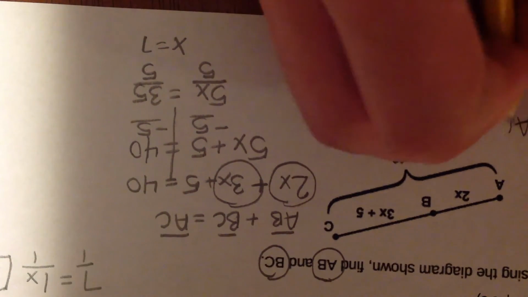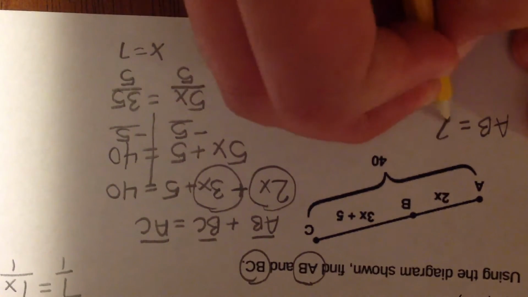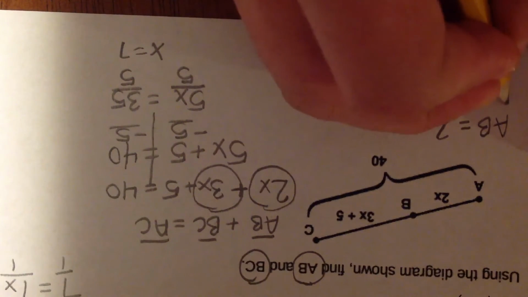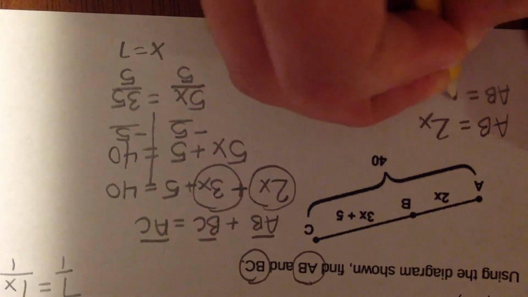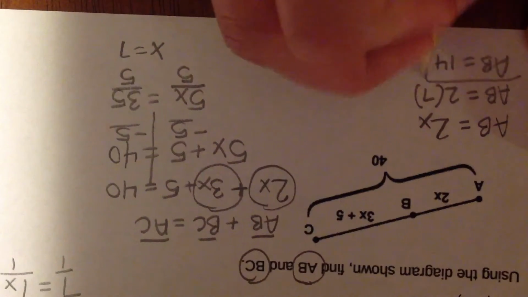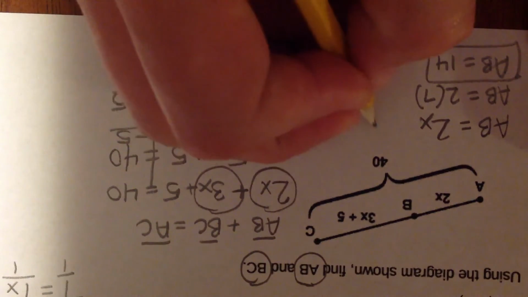So AB, we know from here, equals 2x. And again, I know x equals 7, so I can substitute 7 in for x. So that's 2 times 7. AB equals 14. They also want us to find BC.